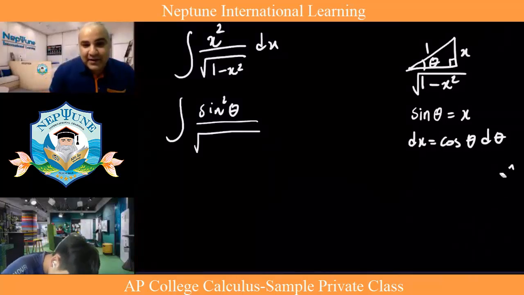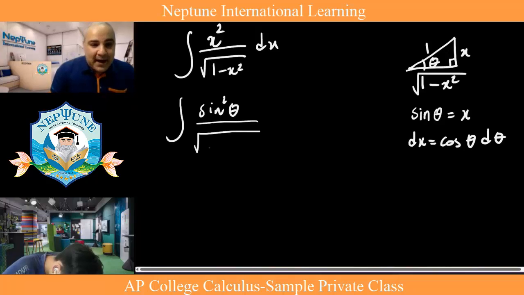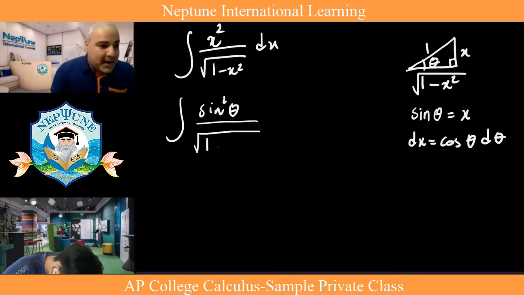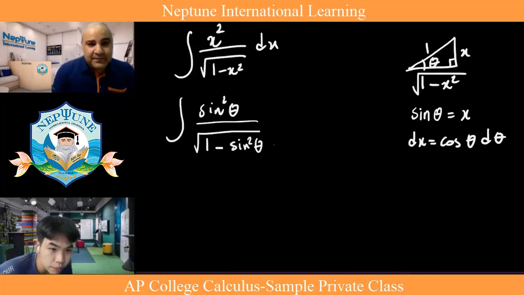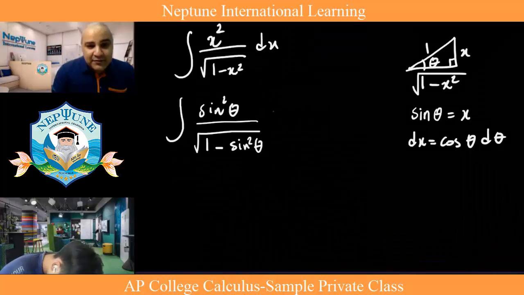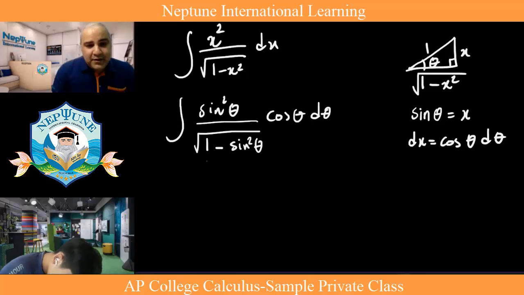Okay, so let's see. Now I want right here 1 minus, so change x squared to sine squared. That's easy. And then change dx to cosine theta d theta. But I think you know that 1 minus sine squared is cosine squared.